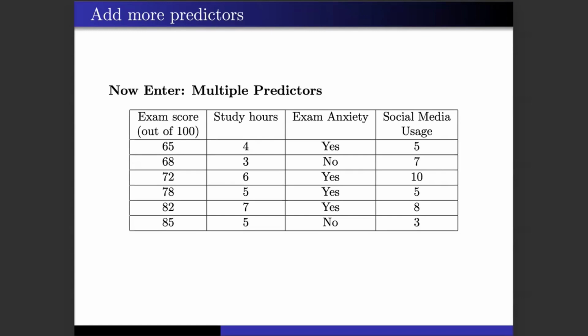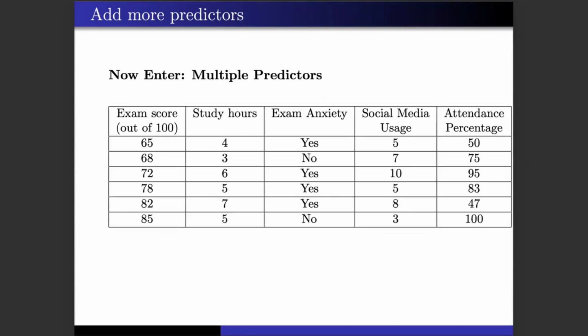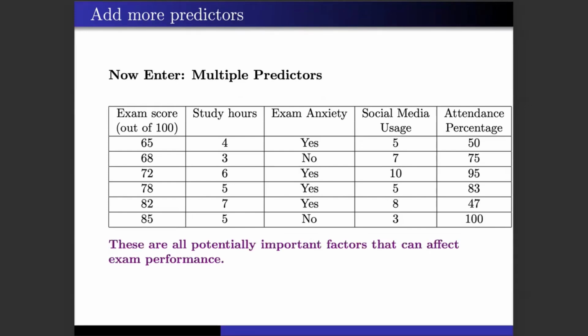We have another independent variable, how many hours they spent on social media. Another variable, that is their attendance percentage during the semester. So now we have more than one independent variable in the model. This means we are stepping into the world of multiple linear regression.